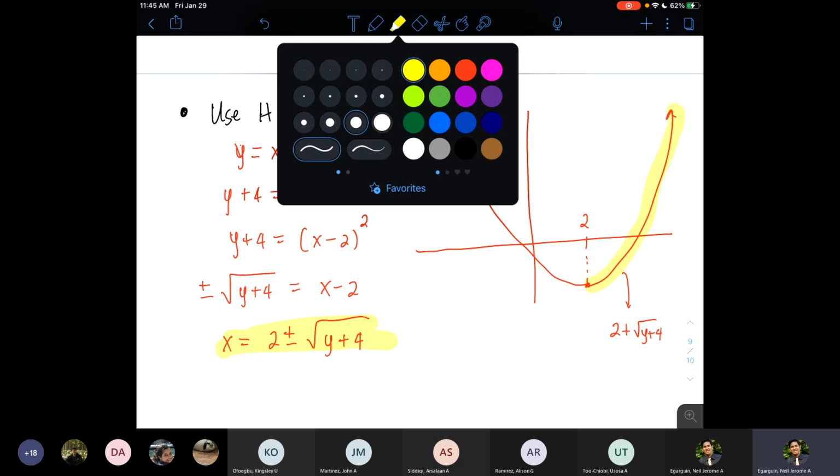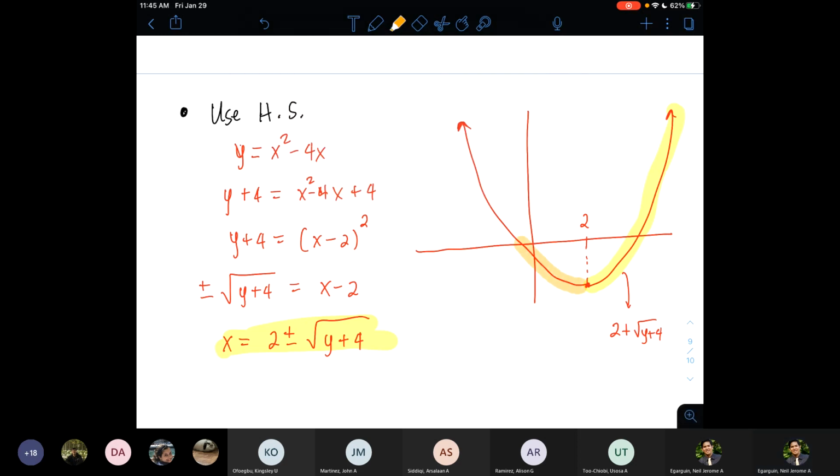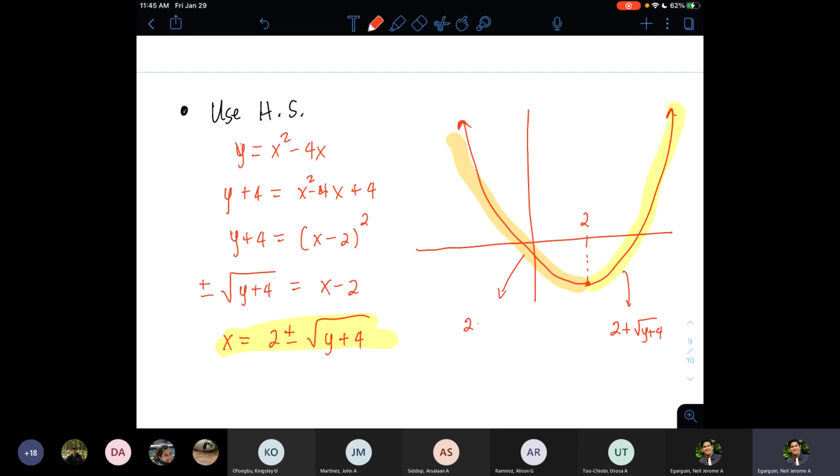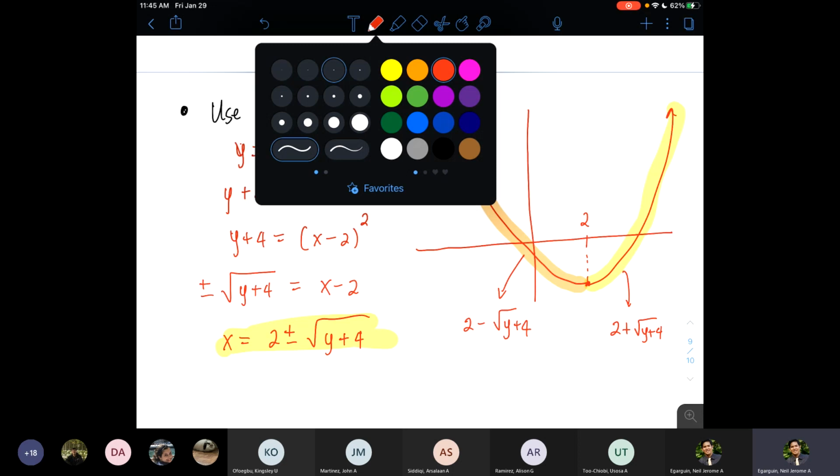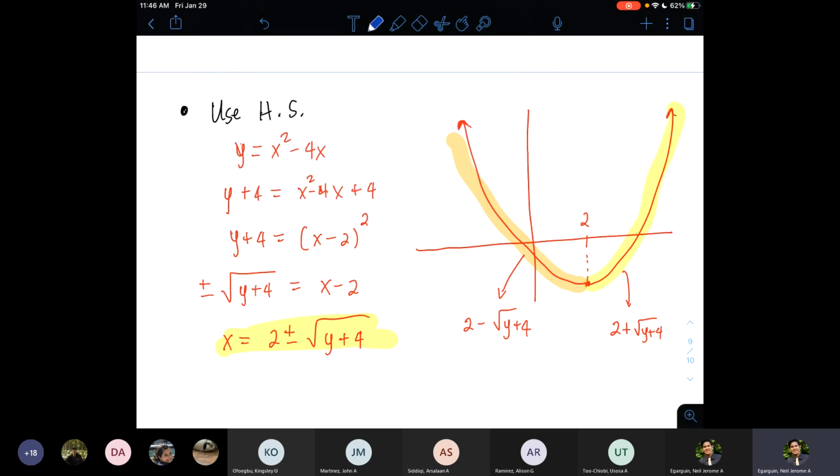And the left portion corresponds to 2 minus root of y plus 4. Okay. And then remember, the other graph is the line that goes like that, right?